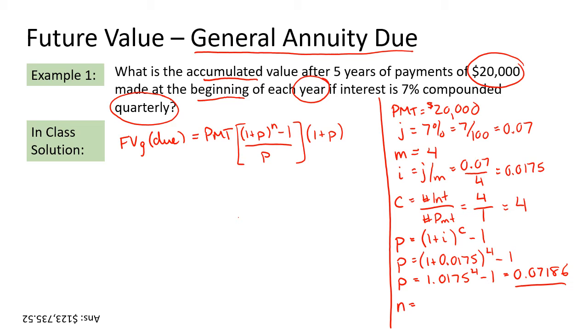All right. The last term you need is N. In this instance, we have payments for 5 years, and they're at the beginning of each year, which means we're only making one payment a year. So N is 5.